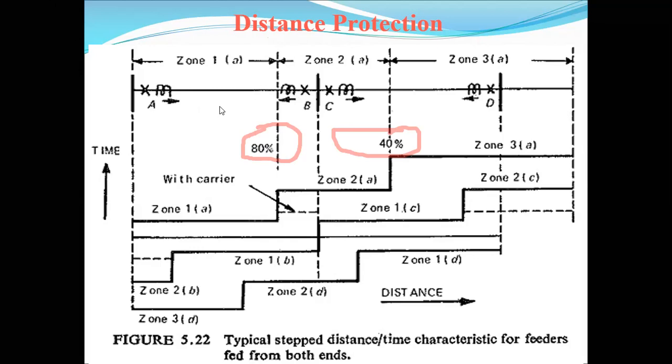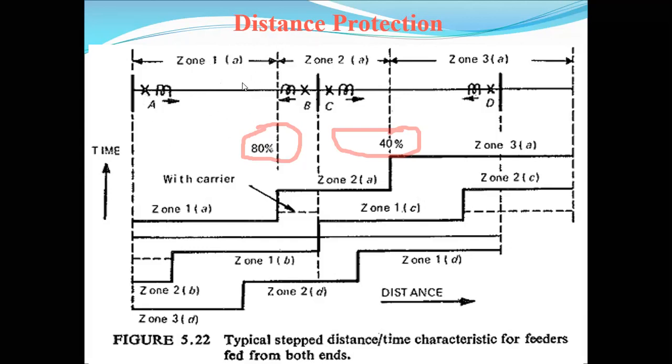Why are we dividing into different zones? Because we are using only distance protection. What is meant by distance protection? Based upon the faulted point from the generating point or the feeder line, depending on the faulted distance, the transformer and other equipment are damaged.